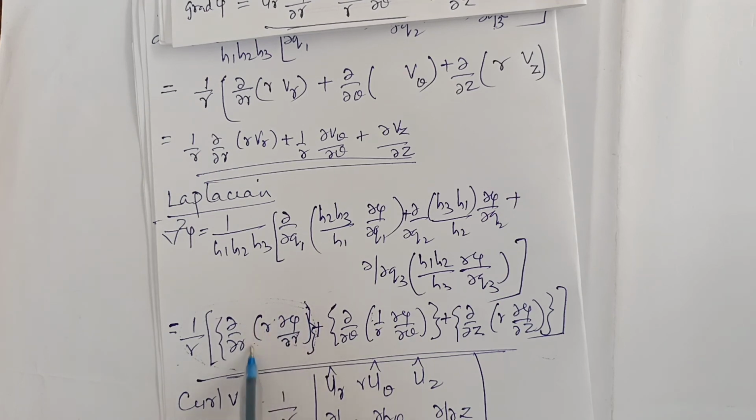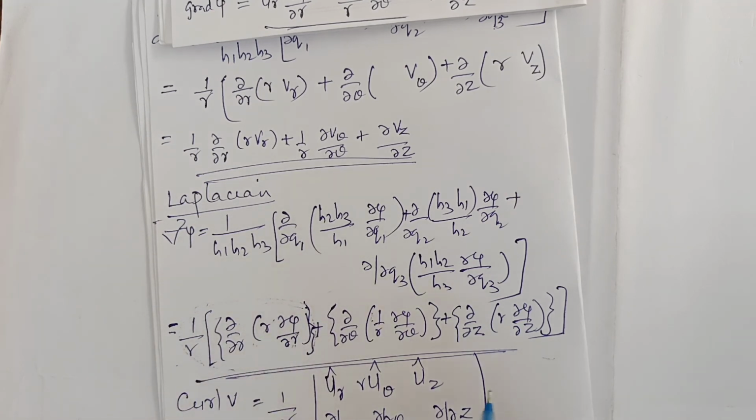We are going to take the differential: r into dou square psi by dou r square plus dou psi by dou r, since dou r by dou r is 1 itself. So we get two terms, and if you remove this bracket, you can write it as dou square psi by dou r square plus 1 by r into dou psi by dou r.